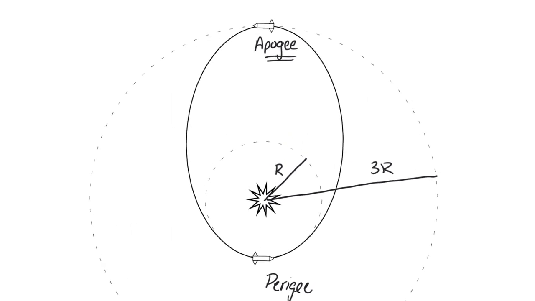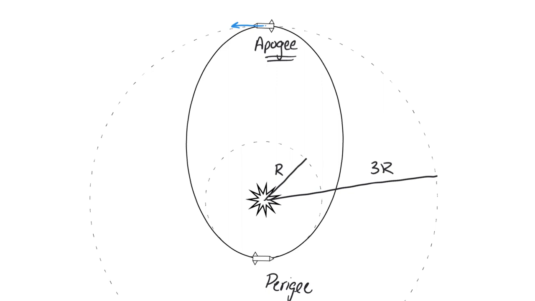When you're at apogee, your velocity is too small to be in a circular orbit. So you'll notice it falls below that circular line. If it had a fast enough velocity, it would travel in this circle. But it's just a little bit too slow, so it falls below the circle. Right? It's too slow for it to be a circular orbit.